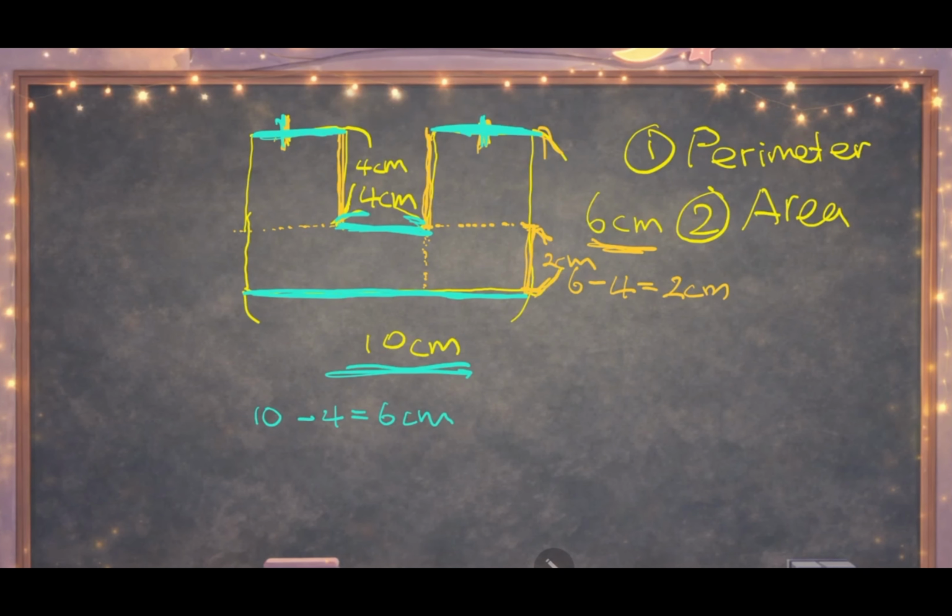Because they are equal in length, if we know the length of these two sides together, we can just divide it by 2 to work out the length of each side. So 10 minus 4 equals 6. And we divide 6 by 2, which equals 3. So each side is 3 centimeters.